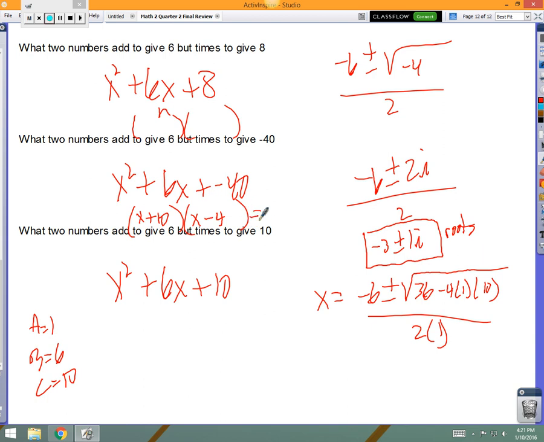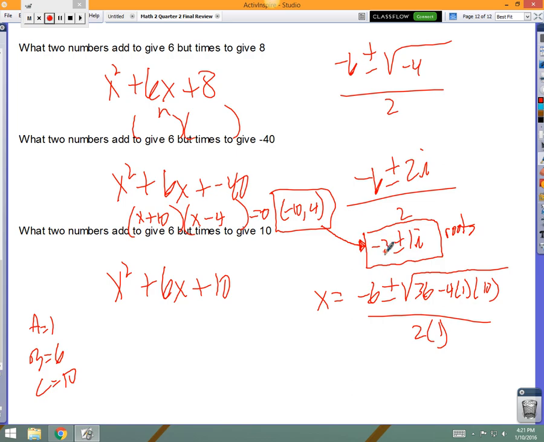And if I set that equal to 0, my roots are going to be a minus 10 and a positive 4. So those are my roots, that's what I just got. So your roots are always opposite the step before. So the two numbers are 10 and a minus 4. And I'm not really interested in the roots, I need the step before.